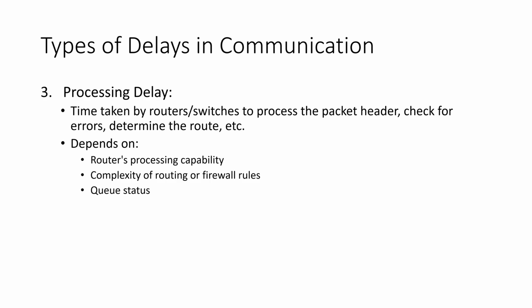It depends upon the router's processing capability, the complexity of routing protocols, and how long the queue is. This value is usually very small, microseconds to a few milliseconds, but it can increase under heavy load. And the total delay of the network is the sum of all individual delays a data packet experiences as it travels from the source to the destination.